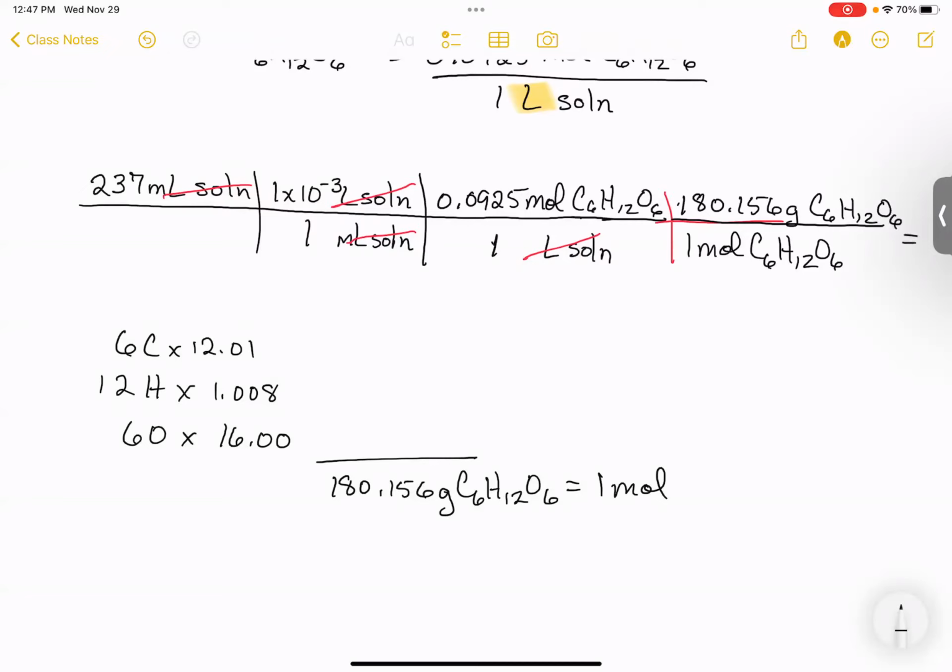And solve. And when you do so, you get 3.95 grams of C6H12O6.